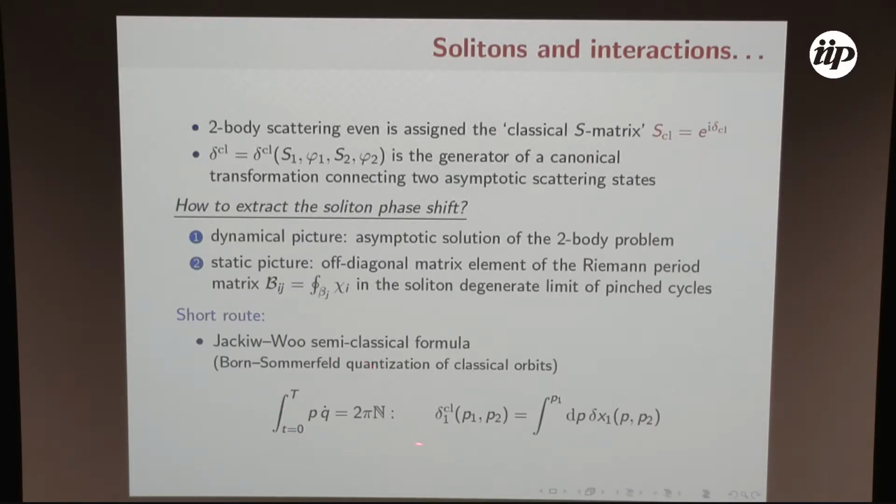From there, you can derive a general relationship between the classical phase, as I define it here, and the center of mass displacement, which I denote by delta x, of the solitons. Once you have the center of mass displacement, you just do a momentum integral over it, and you will find exactly this phase. So, all right.